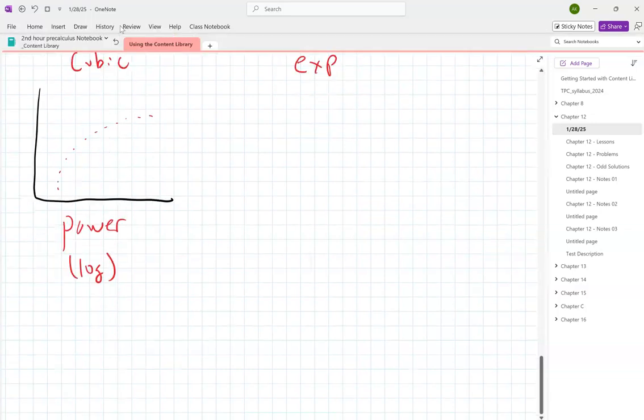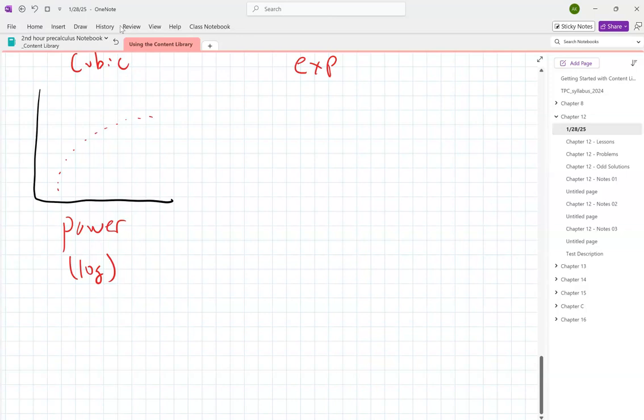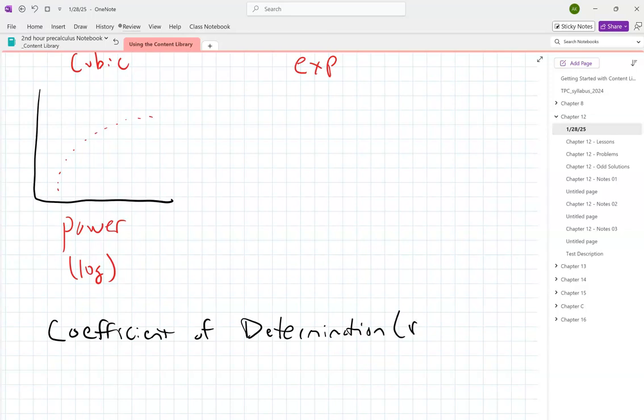So what we'll use is called the coefficient of determination, which we symbolize with an R squared.